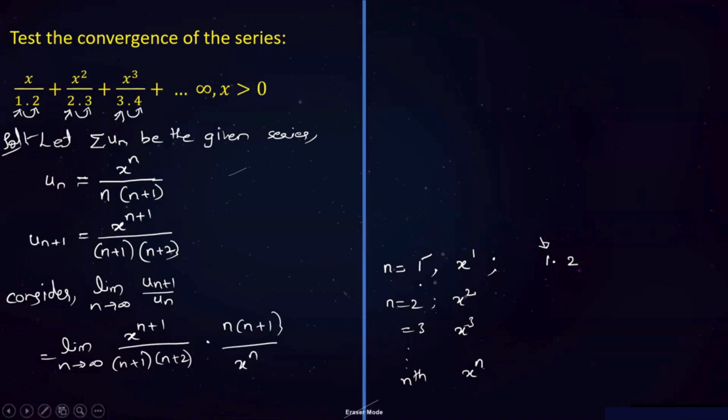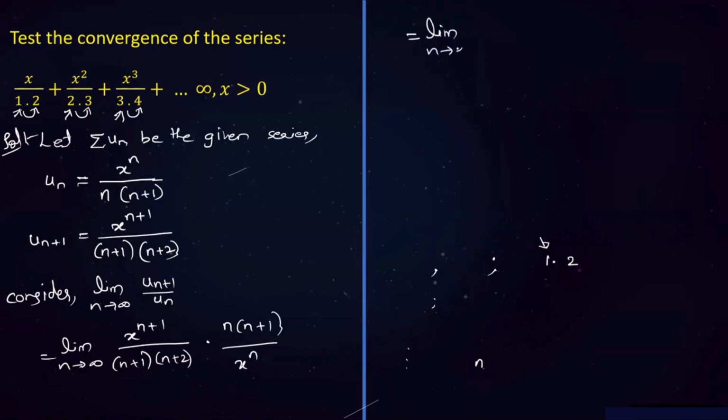So let me just simplify these terms to calculate the limit. Right, let us see what happens to this. So this is equal to the limit n tends to infinity. Look at the numerator here. We have x to the power of n plus 1, so I'm writing it as x to the power of n multiplied by x.